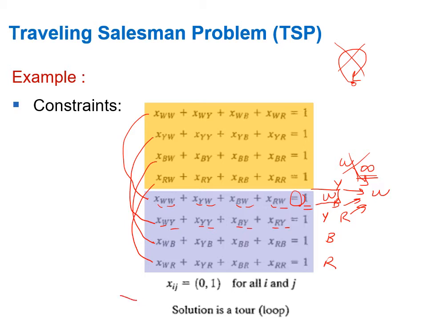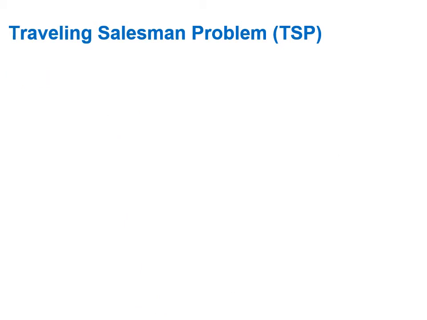Then we need to have a subtour elimination constraint to avoid all those subtours. Now I want to write some of the subtour elimination constraints in open form, so you can understand better. Last time, remember, we have written the subtour elimination constraints in compact form like this.